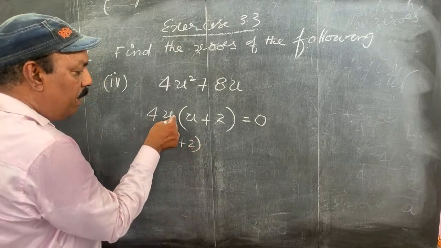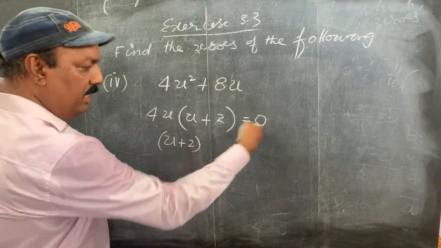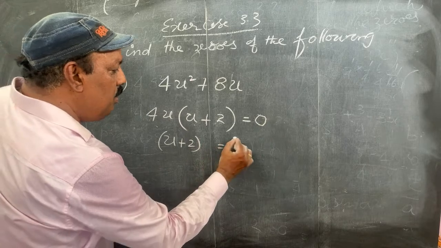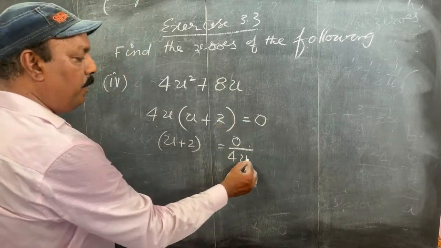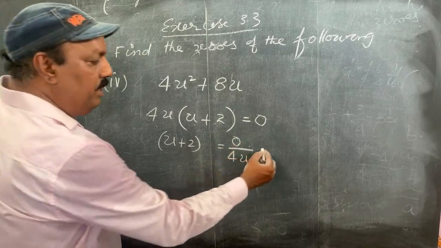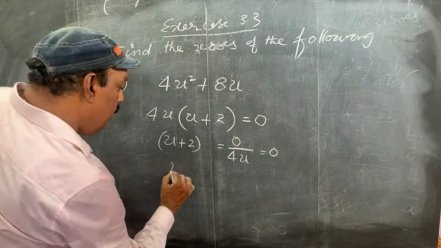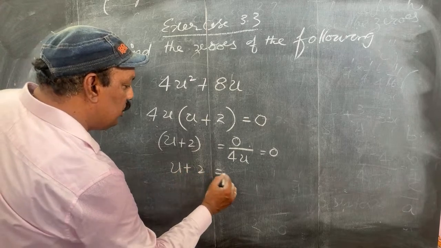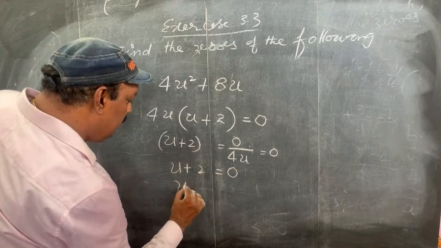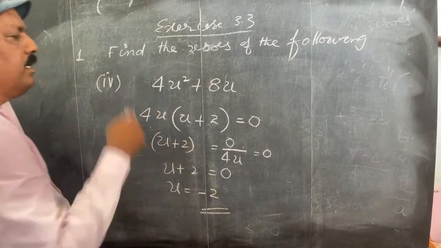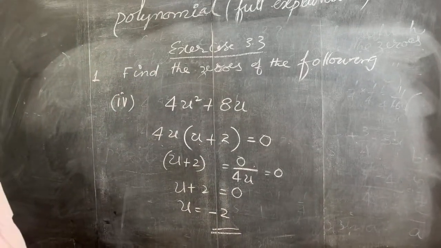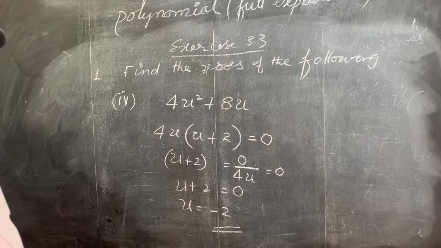Because 4 is multiplied, it will go as the denominator of 0, so 0 by 4u. If you divide 0 by any number, you get 0. So now u plus 2 is equal to 0, u is equal to minus 2. So the answer is minus 2. This is a different bit in this first sum.